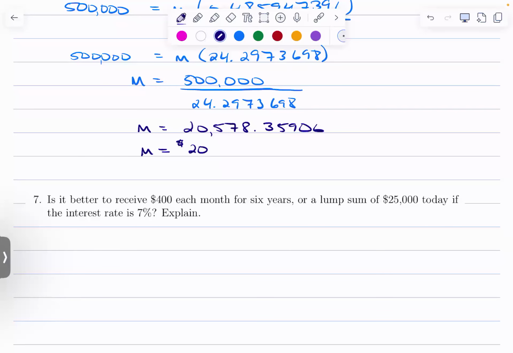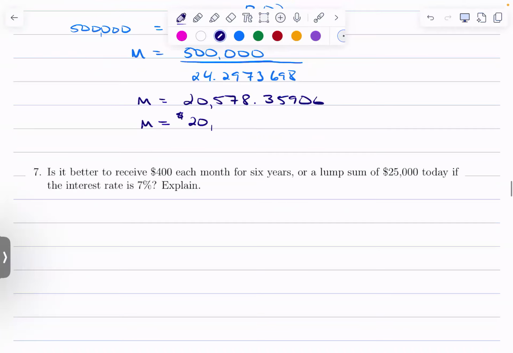Oh, $10,000. Yeah, that's weird. I got 30,578.35906. And then rounded it up. Crazy. Magic. 36, round it properly.